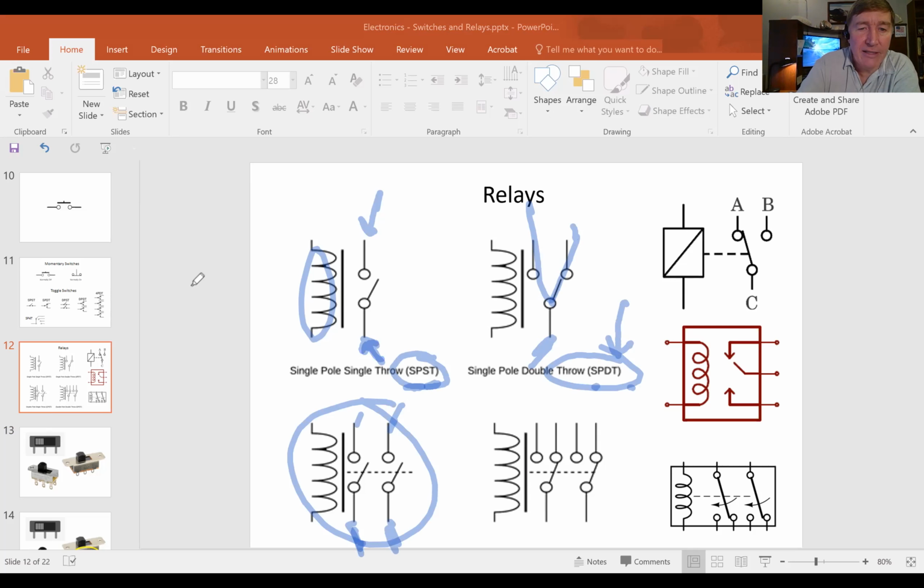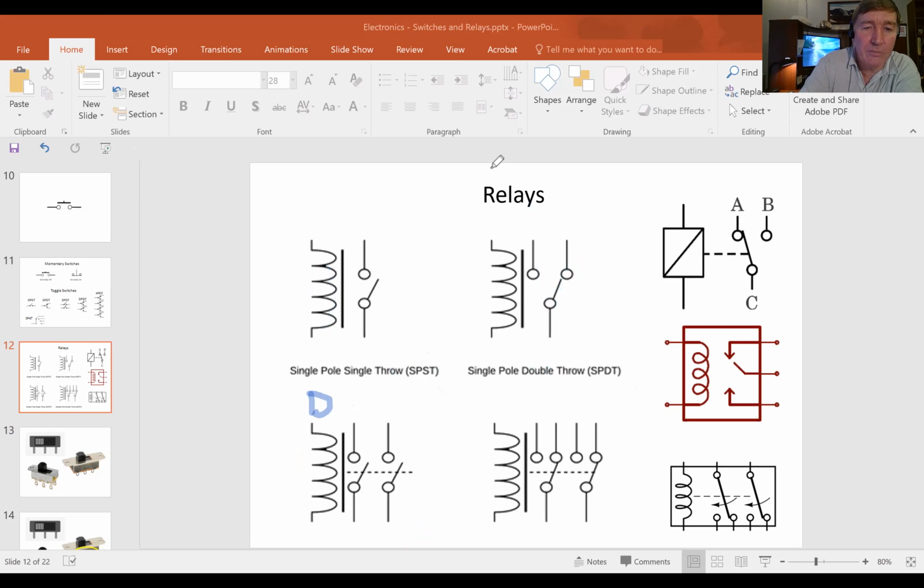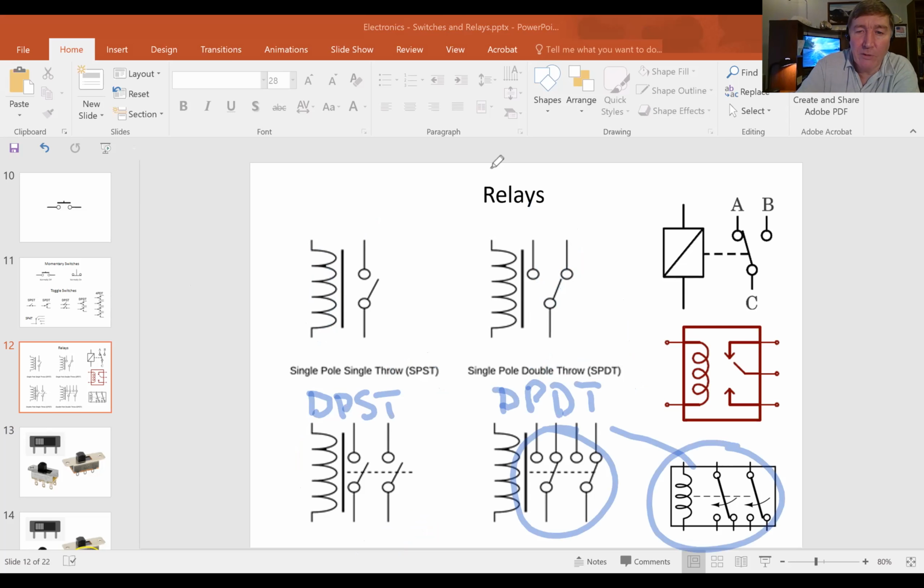So that means that this guy on the bottom left here, he is a double pole single throw relay. Whereas this guy right here is a double pole double throw relay. Okay. This guy over here is also a double pole double throw relay.